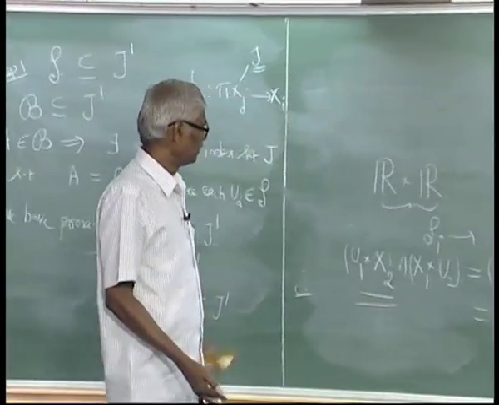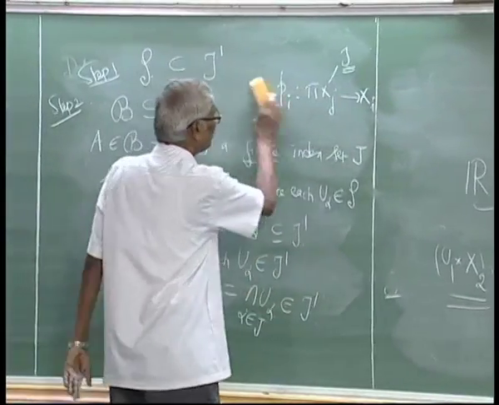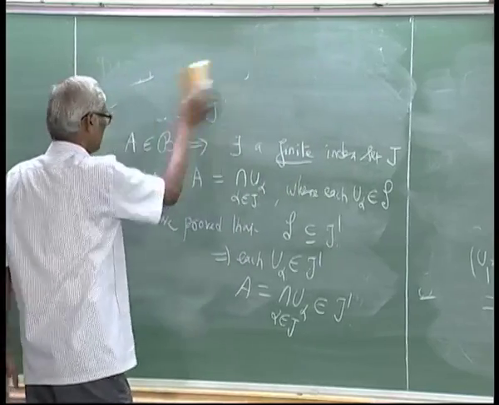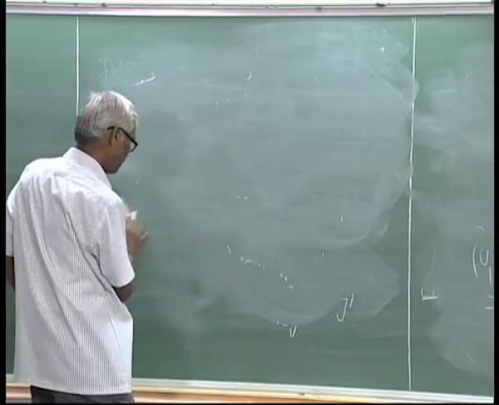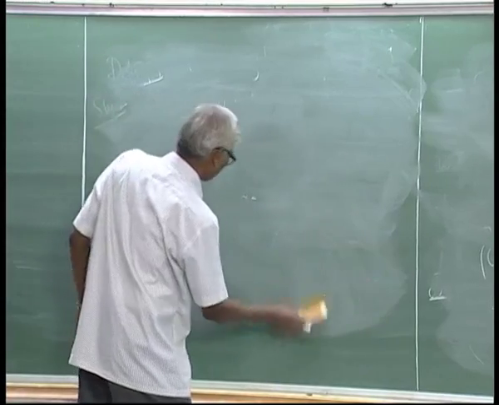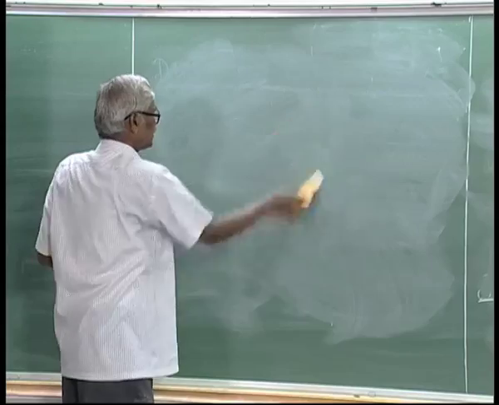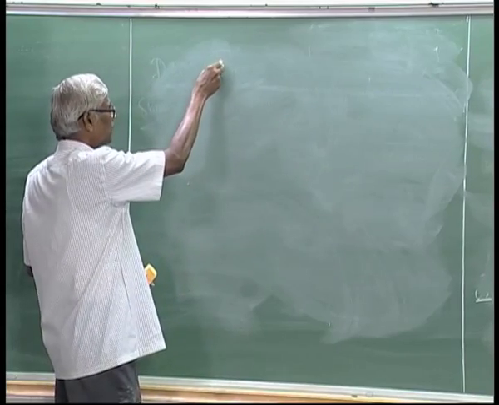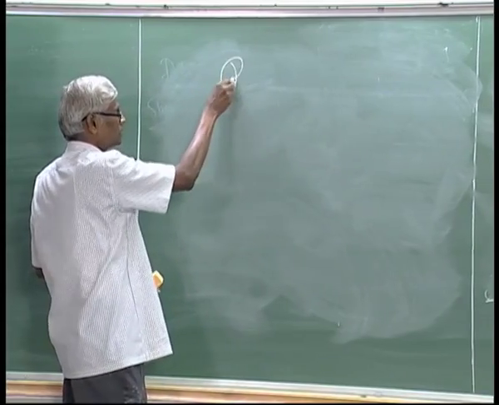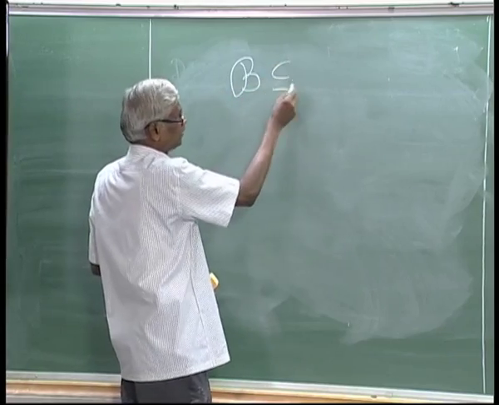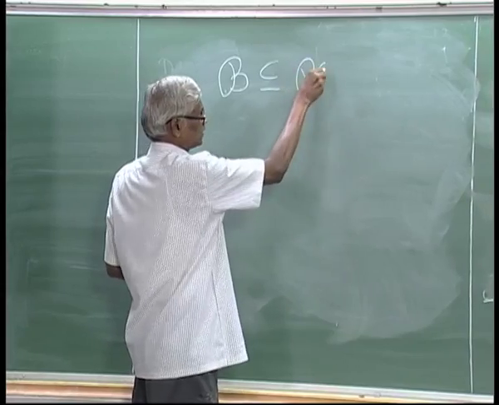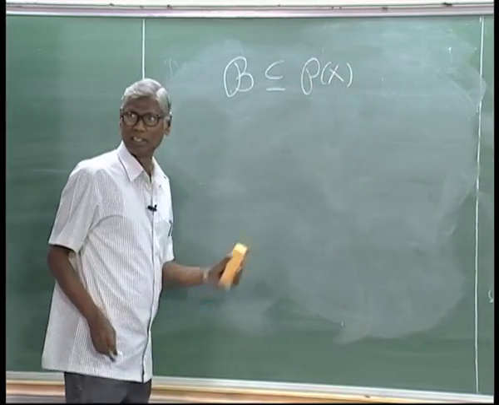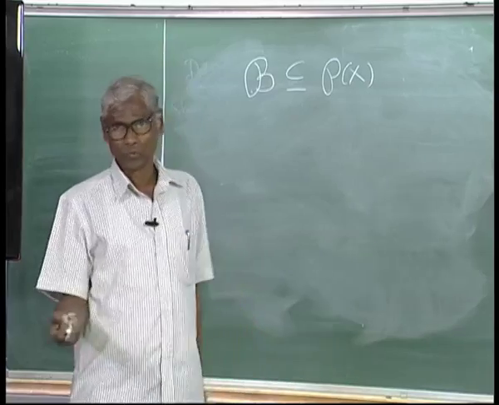In fact, throughout this course, I will quickly recall how we introduce the concept. After defining the topology, our aim was to define a subcollection of the power set of X, which has two properties.